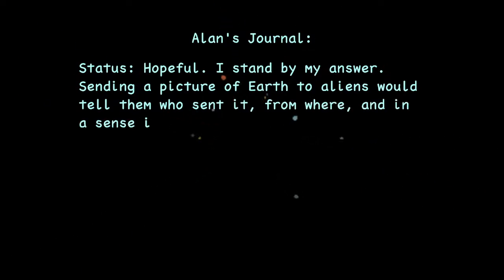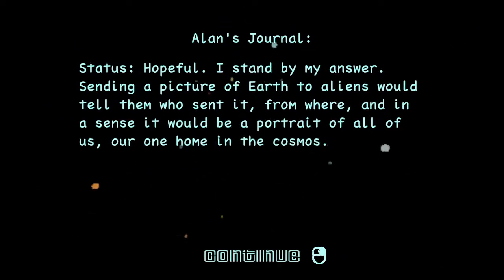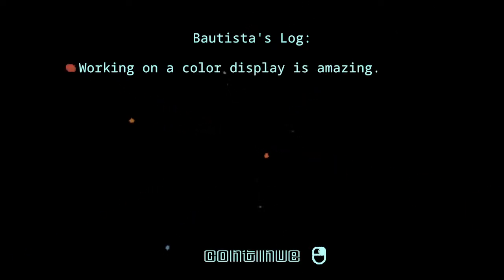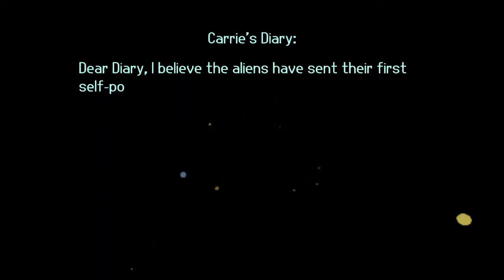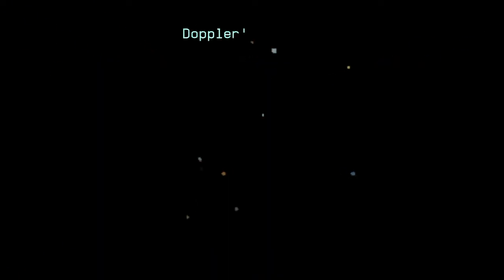Sending a picture of Earth to aliens would tell them who sent it, from where, and in a sense, it would be a portrait of all of us, our one home in the cosmos. But how could we possibly send a picture of Earth? It's just a sphere. What is he saying? Working on a color display is amazing. Dear Diary, I believe the aliens have sent their first self-portrait.